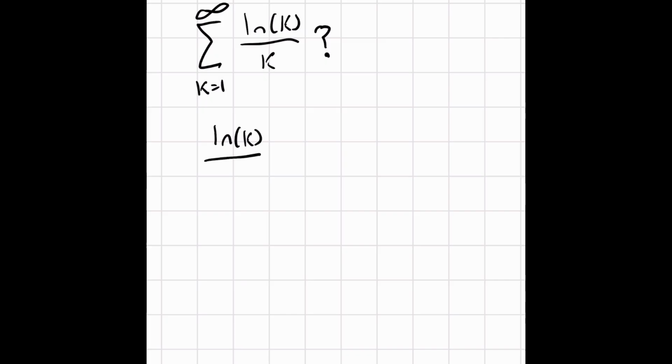Well, the natural log is going to be greater than 1 once we're past 3. The natural log of 1 is 0. The natural log of 2 is something less than 1. The natural log of 3 is actually going to be greater than 1. So multiplying by the natural log of k, as long as k is greater than 3, is going to make this larger than this.